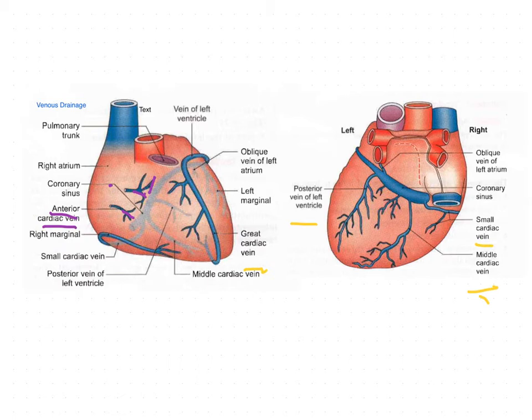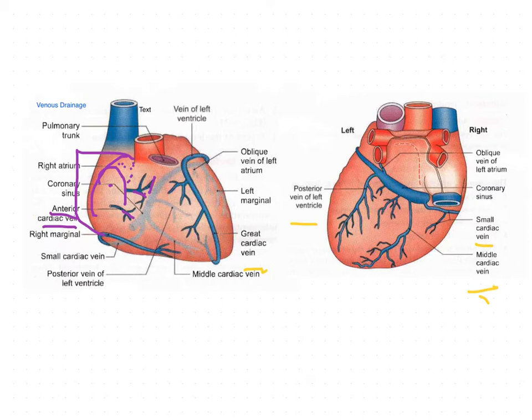Now coming to the venae cordis minimi, these are the smallest cardiac veins and these are numerous veins. Once we have cut this right atrium, internally on the posterior wall you have seen some small pores.